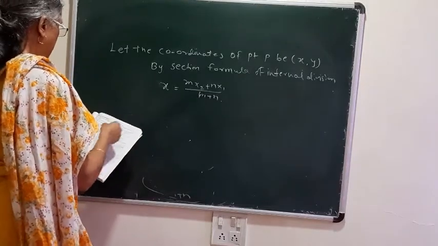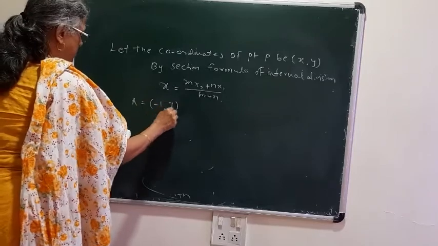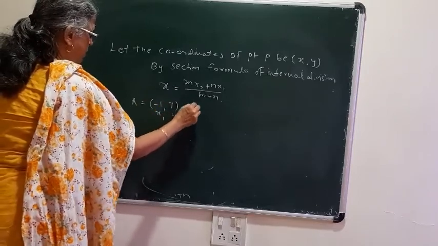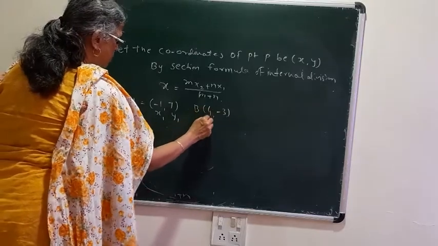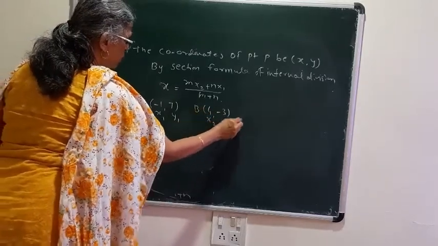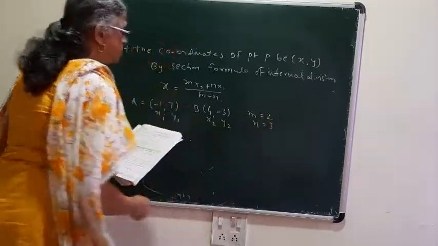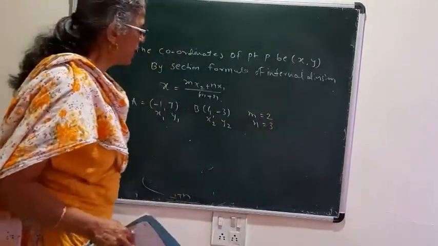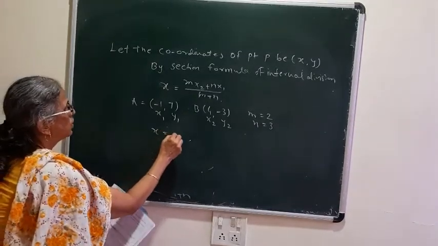So we are going to put in the values. They have given A(-1, 7). So this is x1, this is y1. B has coordinates (4, -3). So this is x2, this is y2. And m is given as 2, n is given as 3. So first write all the values separately so that while substituting you will not make any mistake.